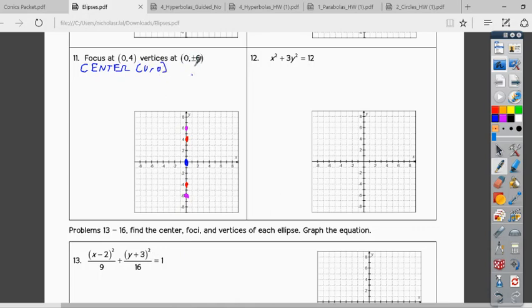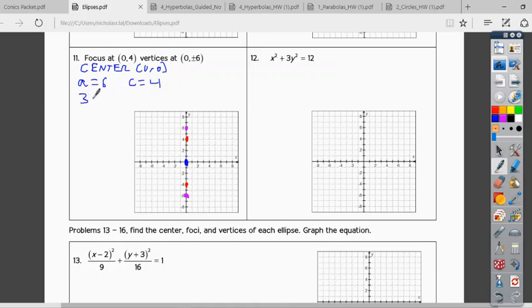All right. And then we have A equals 6, C equals 4.